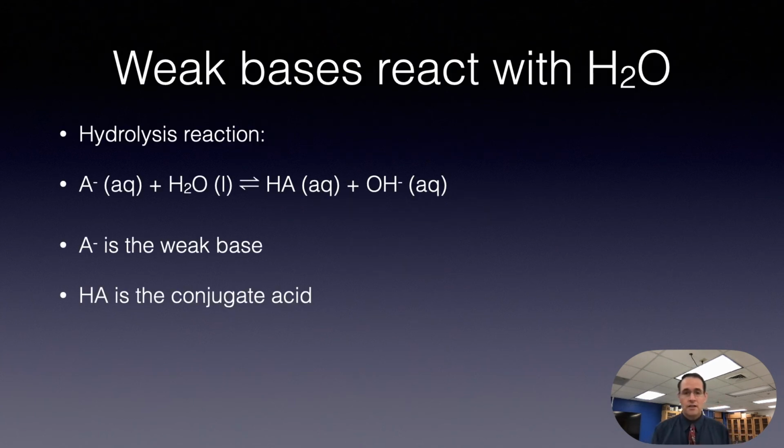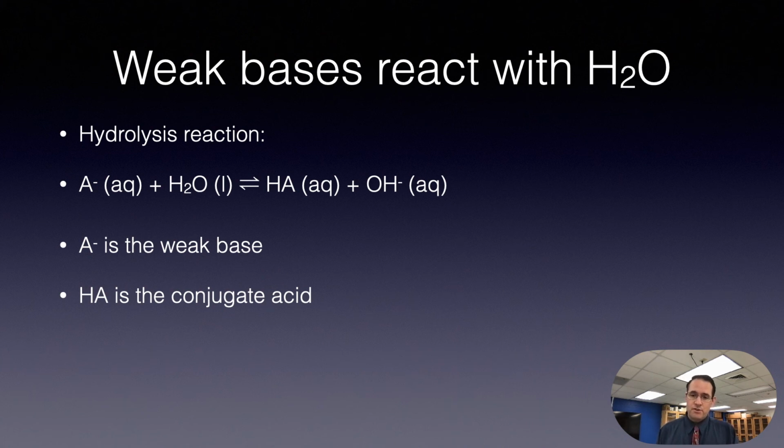First of all, let's understand the basic theory here. Weak bases, abbreviated as A minus, react with water. When that happens, they grab a proton and transform to HA, which is the conjugate acid, and in the process they produce hydroxide ion.